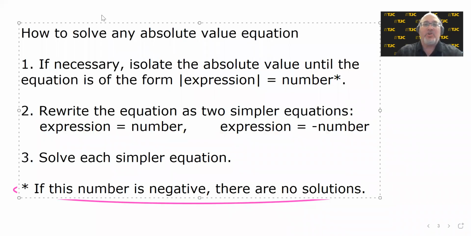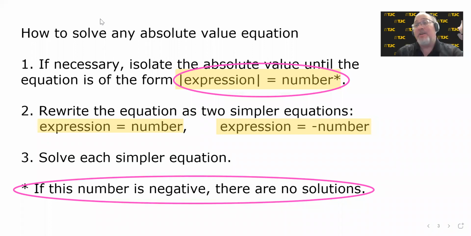It's a little pompous because I'm sure I could concoct something that would not be so simple to solve, but for our purposes, to solve any absolute value equation, isolate the absolute value. If the number it's equal to is negative, shut it down, there's no solution. Otherwise, set the expression equal to the number and equal to its negative and solve each simpler equation. And that's all there really is to it.